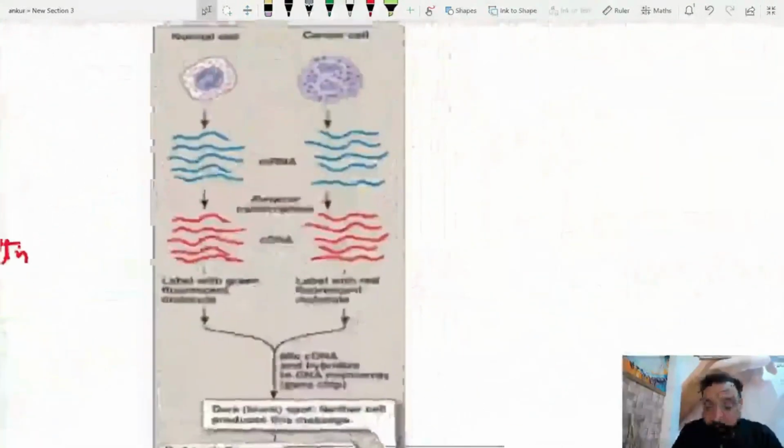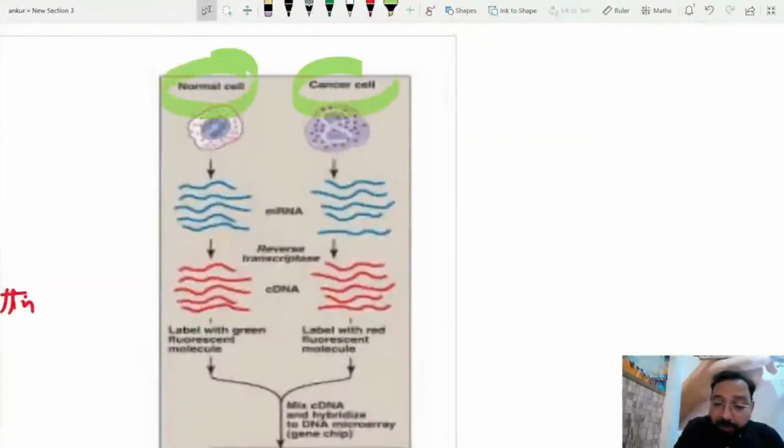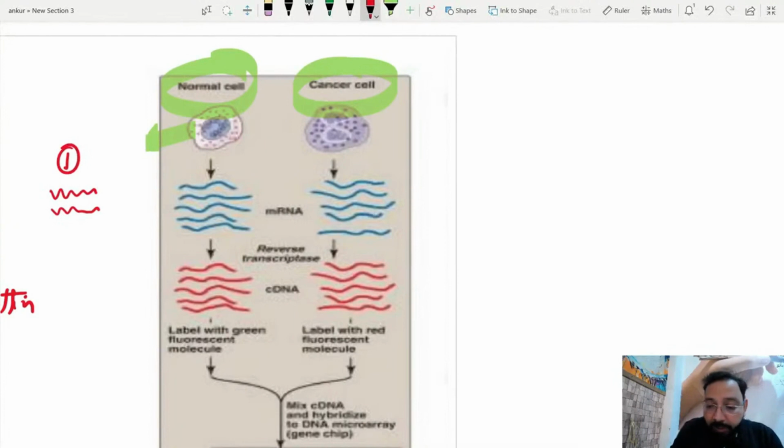Suppose this is a normal cell, this is a cancer cell. In the normal cell, gene number 1 produces 2 messenger RNA. In the cancer cell, the same gene produces 4 messenger RNA.